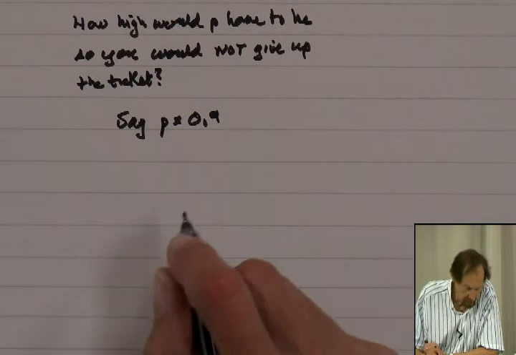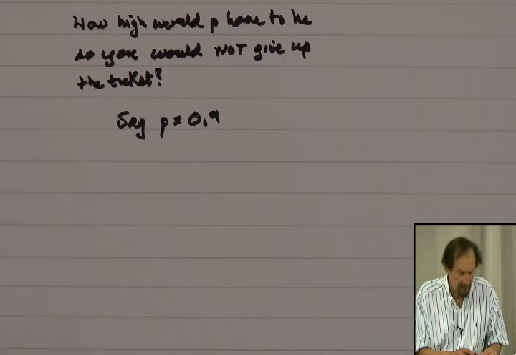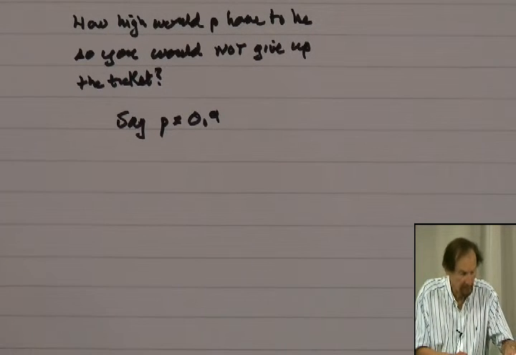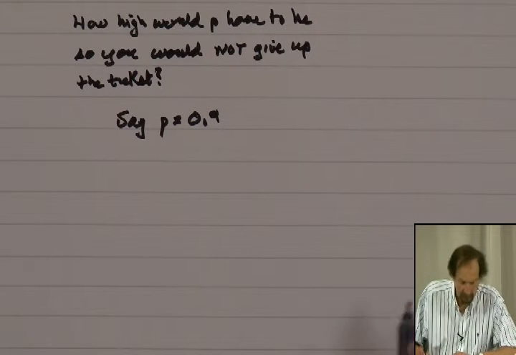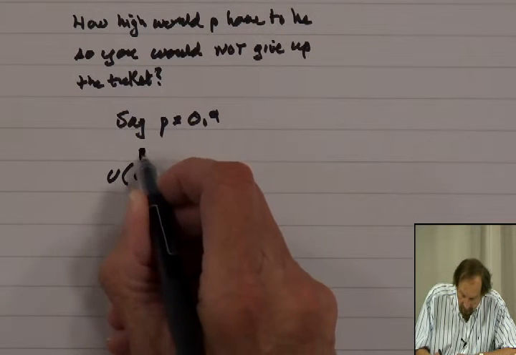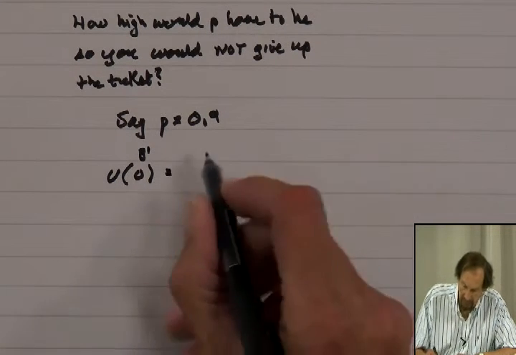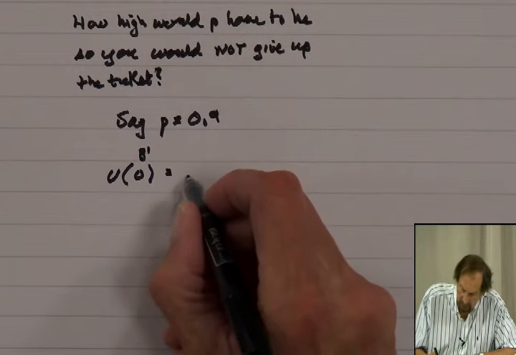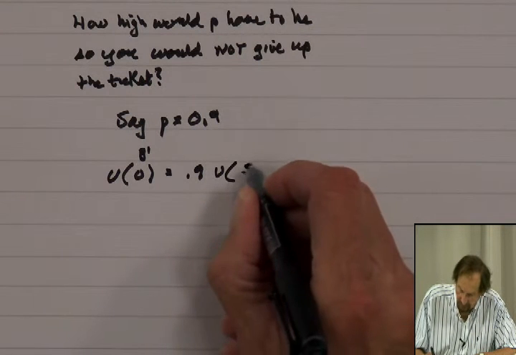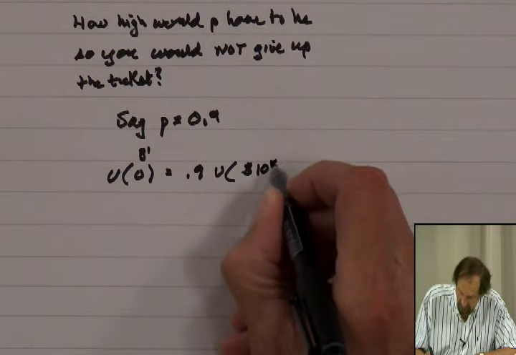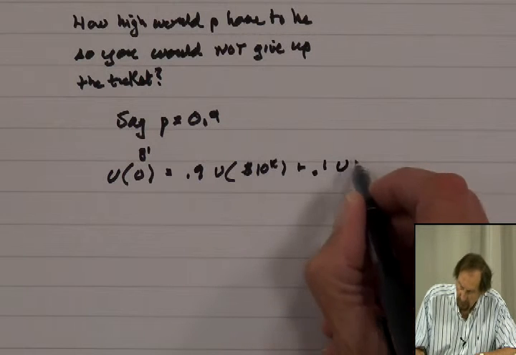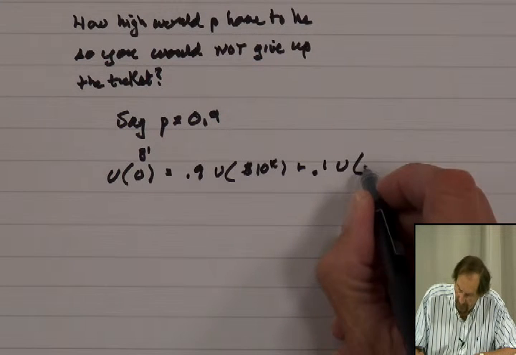Okay. So now we solve for U of minus $5,000 again. And we get the following. We get U of 0, because this is B prime, equals P, 0.9, U of 10K, 10,000, plus 0.1 U of minus 5,000 here.